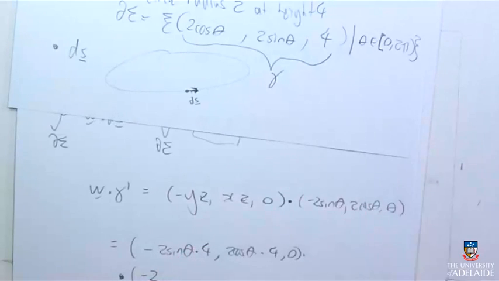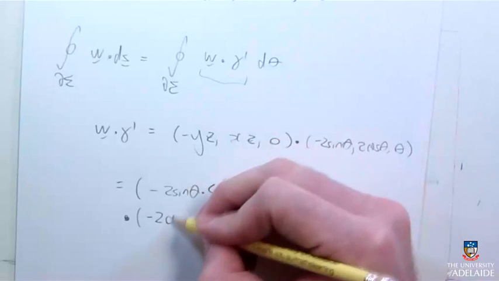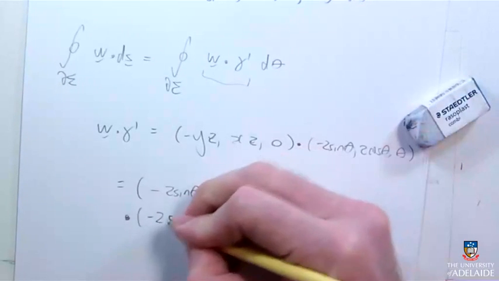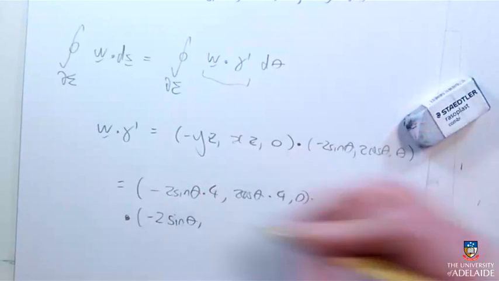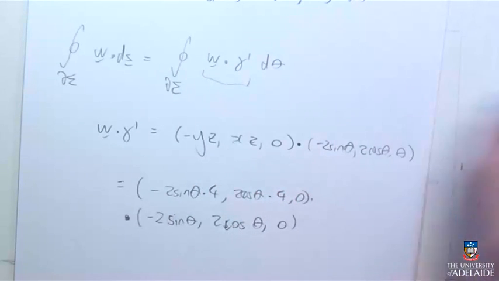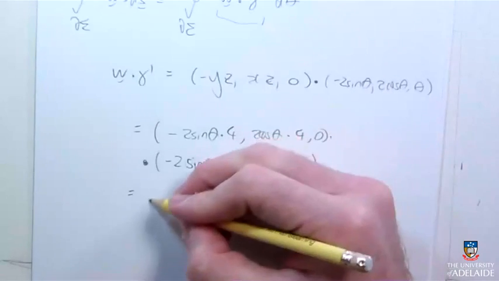I really should have gone back and just written what w was in this thing without doing the dot product, but anyway, I'm committed now. Okay, so what have we got?